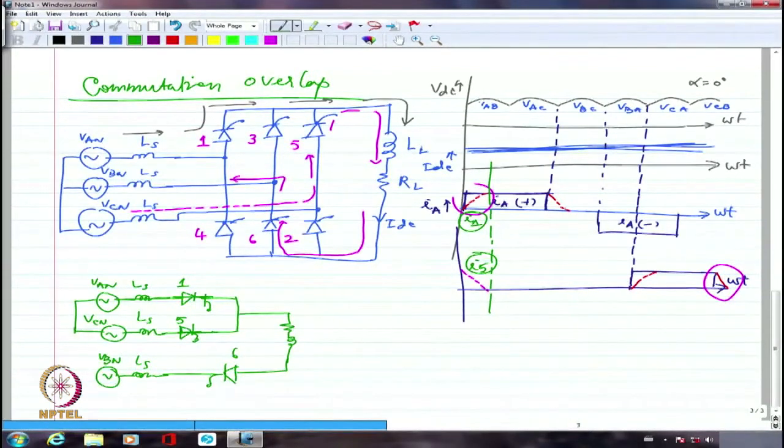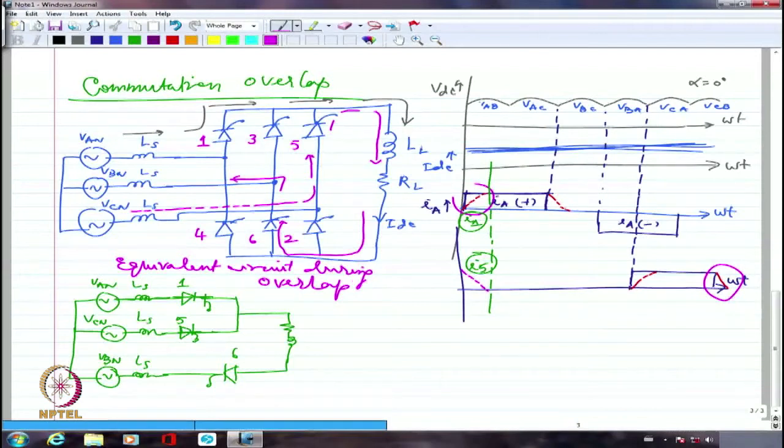And then this is finished. This is really the circuit during the overlap interval. So this is the circuit during overlap.